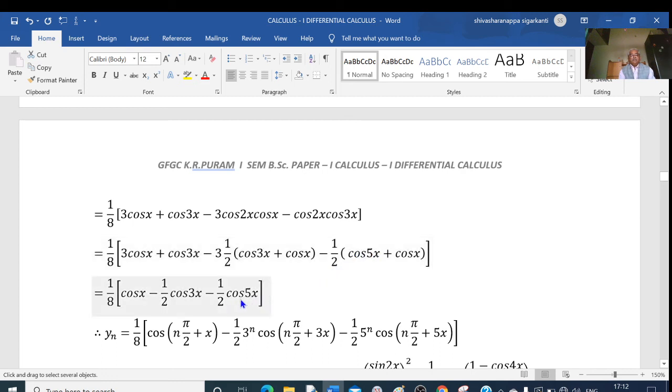Now we can find the nth derivative of these functions. So therefore y n equals 1 by 8 as it is, nth derivative of this is cos of n pi by 2 plus x, minus 1 by 2 into nth derivative of cos 3x is 3 power of n cos of n pi by 2 plus 3x, minus 1 by 2 into nth derivative of this is 5 to the power of n into cos of n pi by 2 plus 5x. This is the nth derivative.